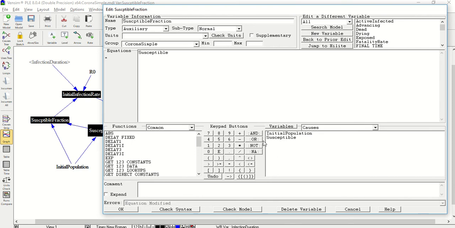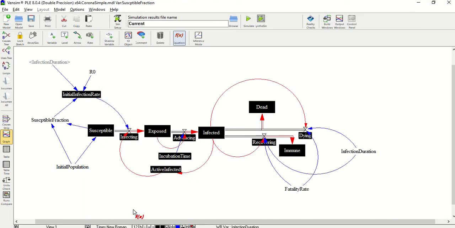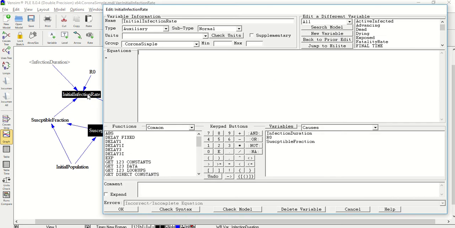And then the susceptible fraction here is the susceptibles divided by the initial population. And then our infection rate is our susceptible fraction times R0 divided by the infection duration.